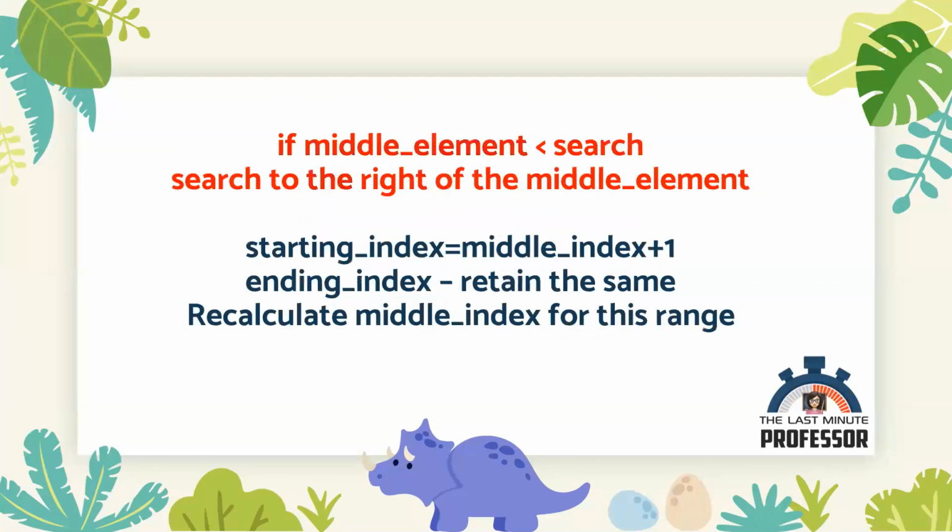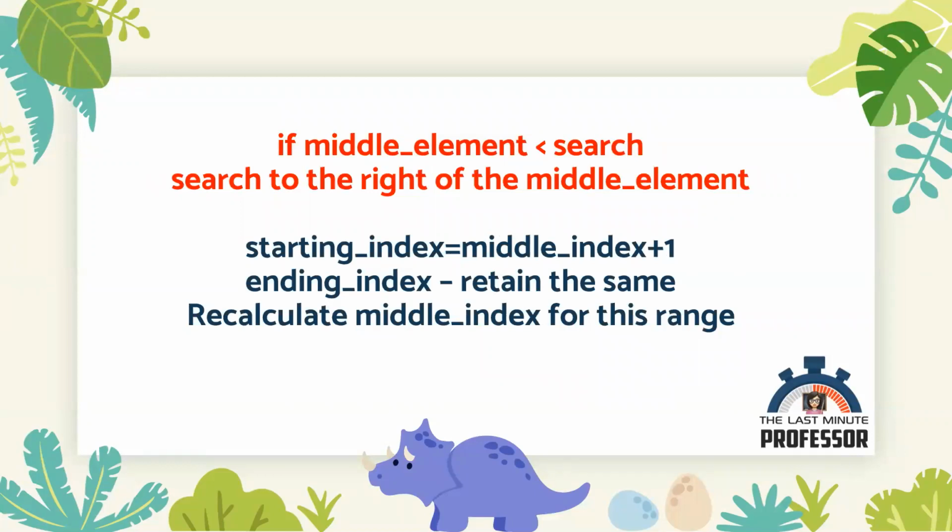So what does it mean to search to the right of the middle element when it is less than the search value? It means we restrict our search interval in this pattern by assigning the starting index as middle index plus 1 and retaining the same ending index.